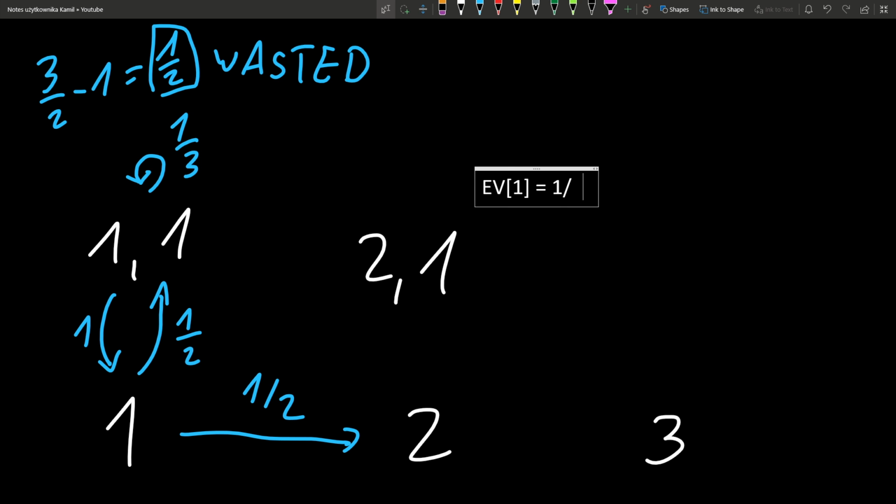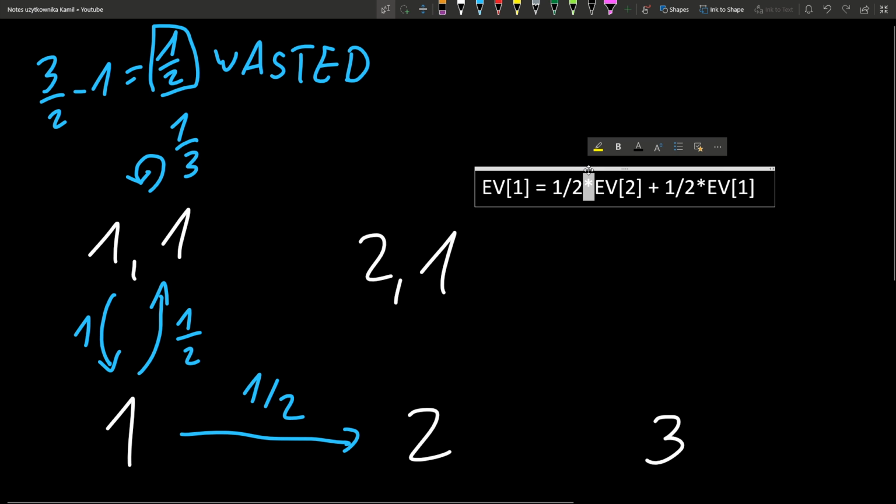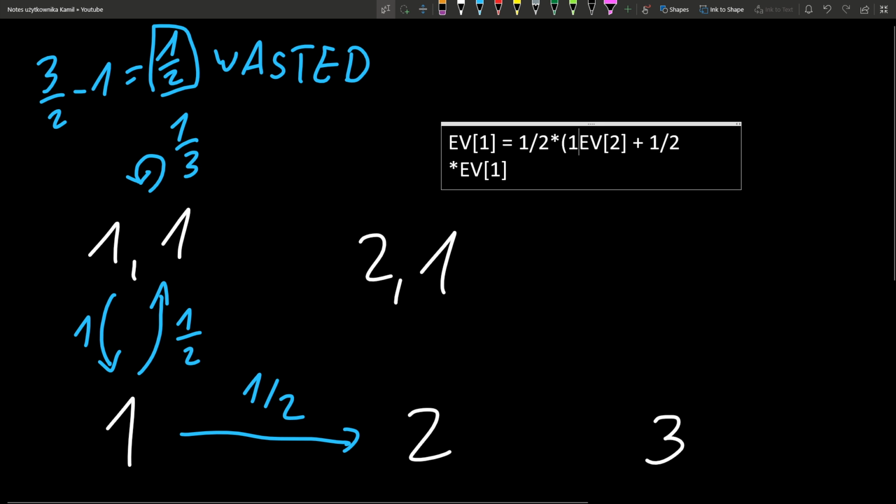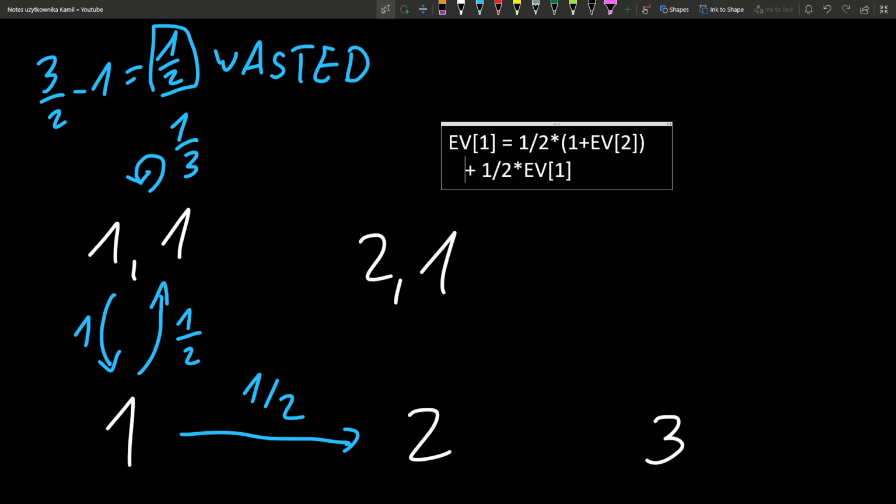Fourth one is with probability half, we get here. Plus with probability half, we get again there. When do we make a move? This is one move. And this is one move plus EV of 1. One move to go up, but also there is that wasted time. This is wasted.